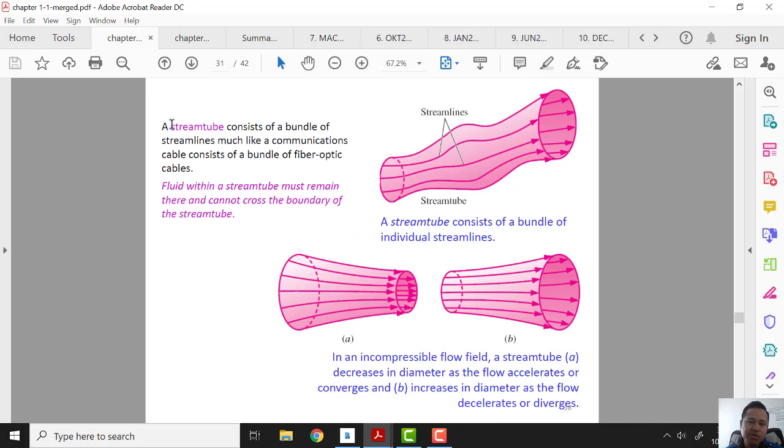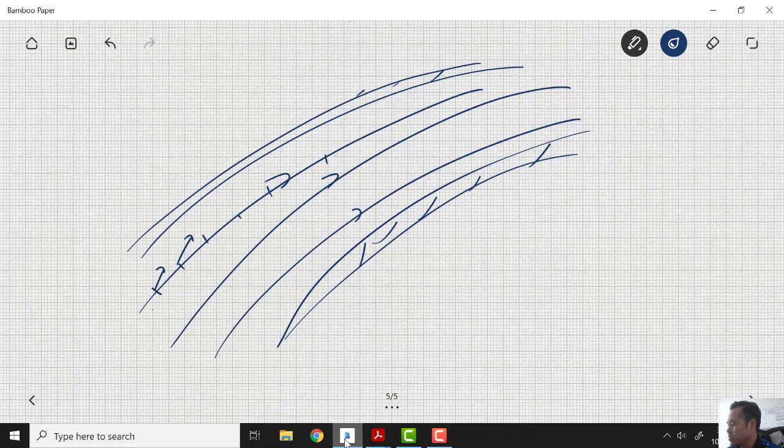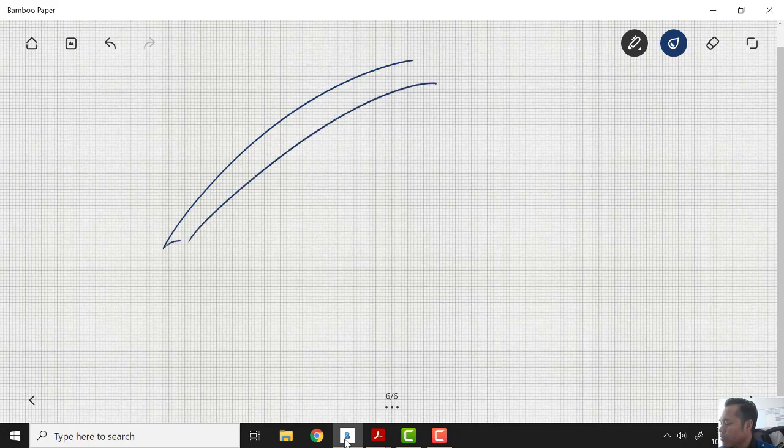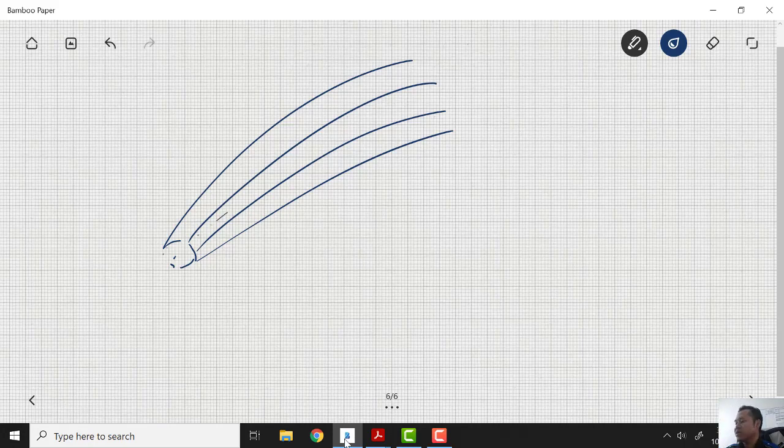And then what is a stream tube? It consists of a bundle of streamlines, much like a communication cable consists of a bundle of fiber optic cables. To put it simply, a stream tube is very simple. If you have streamline 1, streamline 2, streamline 3, streamline 4, and streamline 5, 6, and so on, the streamlines make a tube.